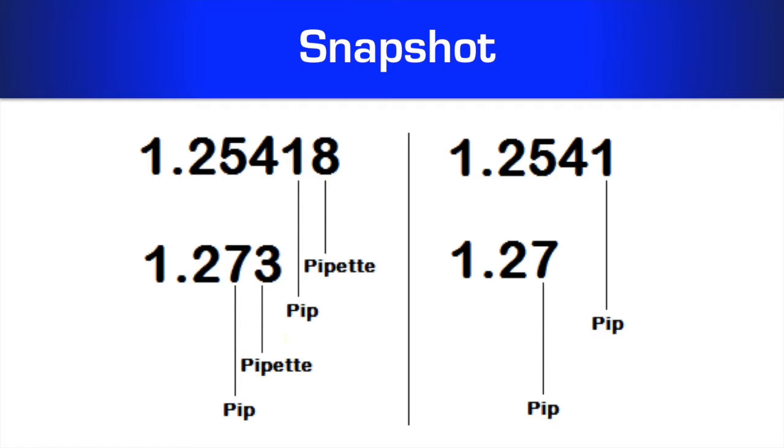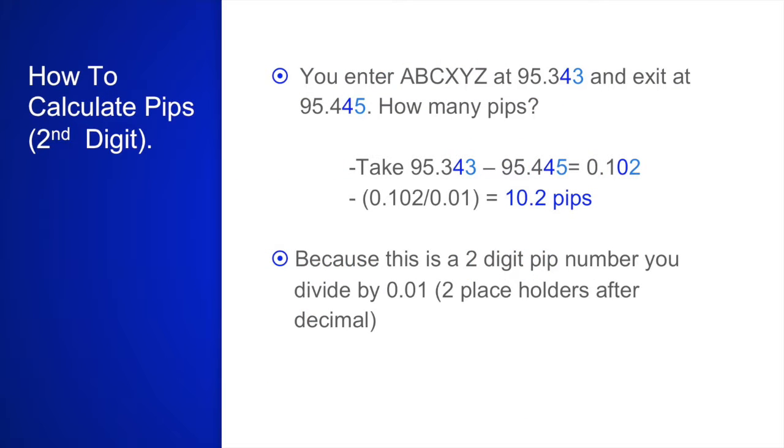So the top one is for pretty much every other pair. The bottom number, the 1.273, represents yen and gold pairs.